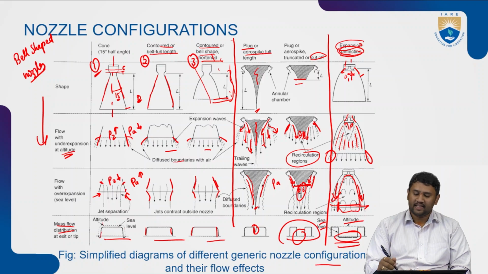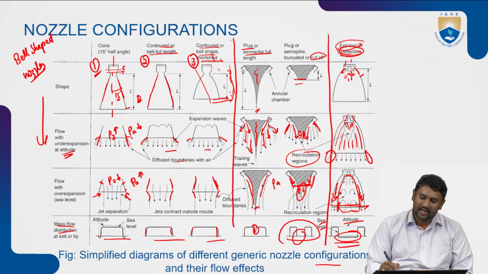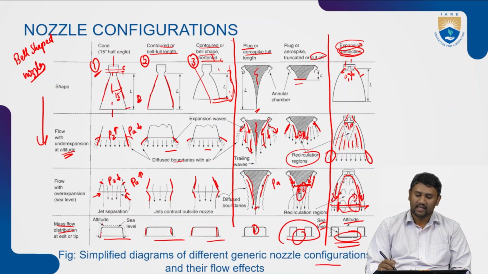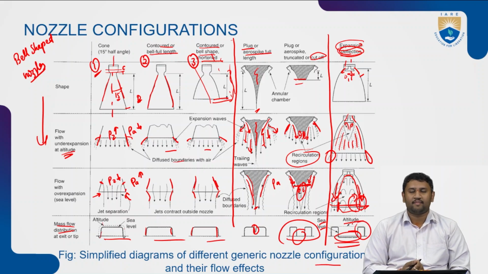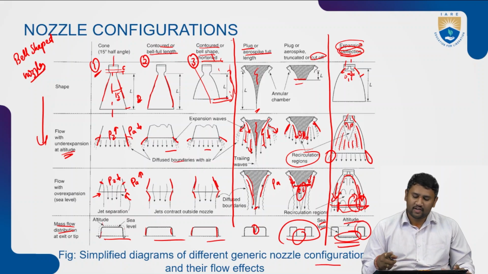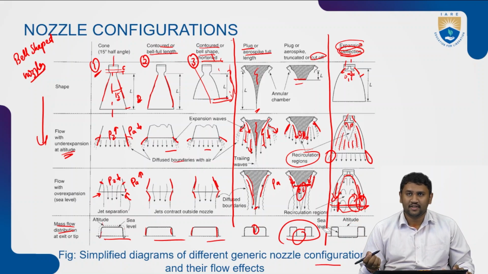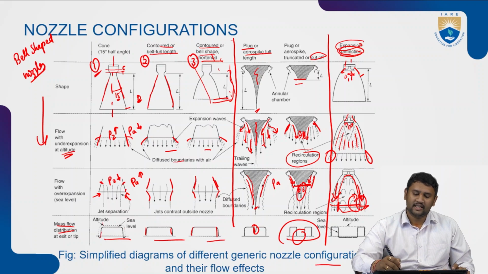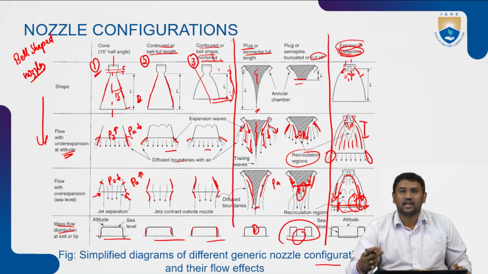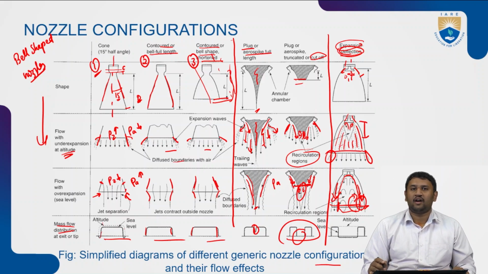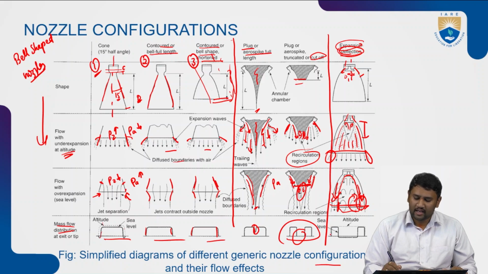So this mass flow goes negative such that the air from the outside gets in, right? Again, at the end, you are having another intake of mass flow rate, again decreasing. Now, if you are considering a particular altitude, with the same engine working under a certain altitude, the recirculatory zone gets shortened compared to your sea level. It gets shortened, so at the nozzle exit plane, you will be having a constant mass flow rate.